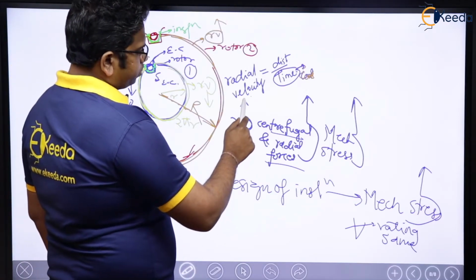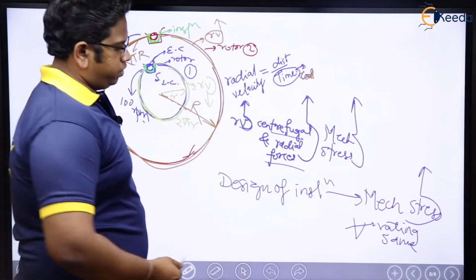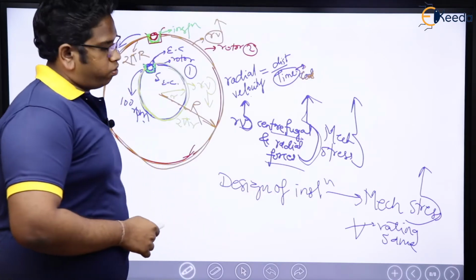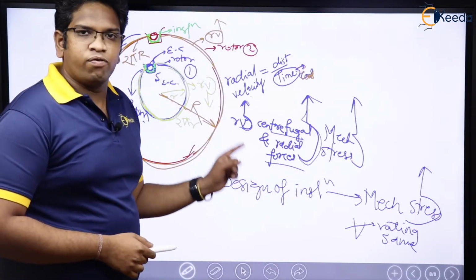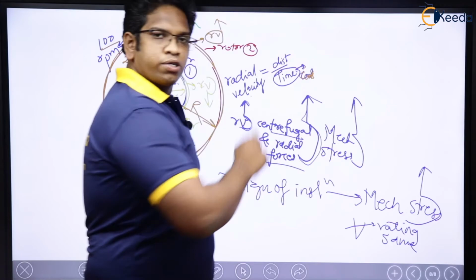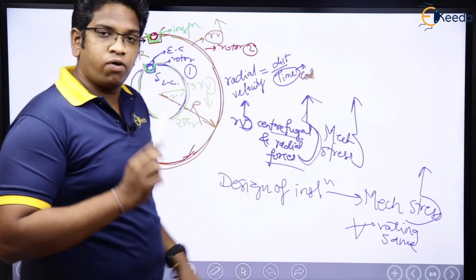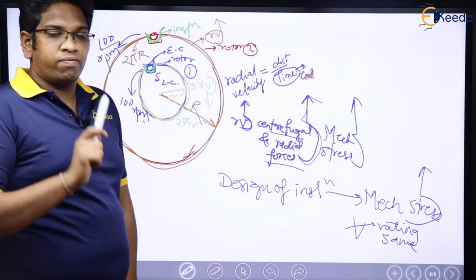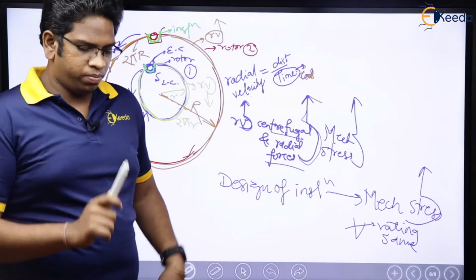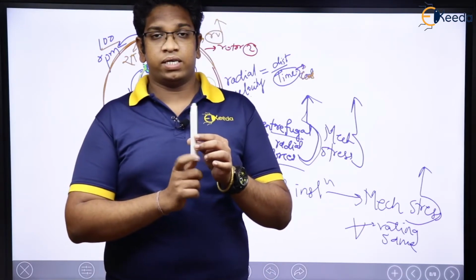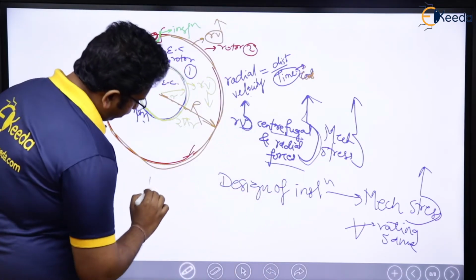Radial velocity increased, because of that centrifugal and radial forces also increased. The moment centrifugal and radial forces increased, mechanical stress also increased. Then we know that for the same voltage rating, if the mechanical stress has been increased, for example, this is an insulator. Let us say that this insulator can block 100 volts.